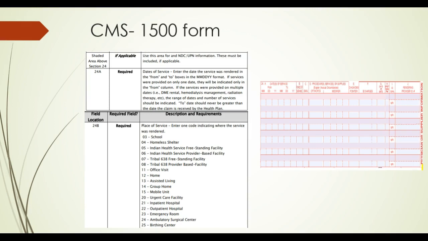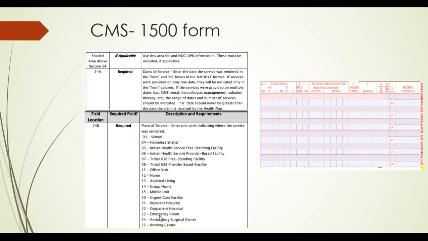And then 24B, that is your place of service codes, and that could be used by a lot of different providers. I've given you some examples here, and this is not inclusive of all of the codes, but it would be school or home or in the office, at the doctor's office, or that's another home code, but the first one was homeless shelter that I was looking at. And then inpatient hospital, outpatient hospital, if the service is done in an emergency room.